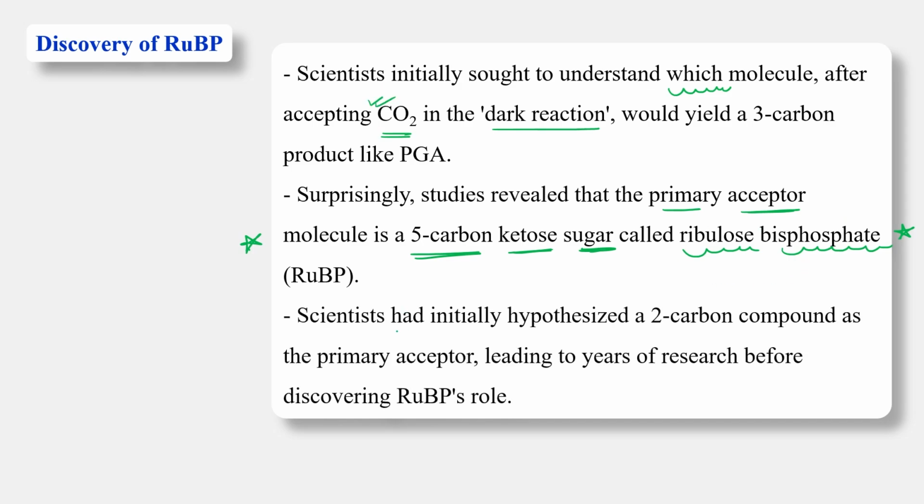Scientists had initially hypothesized a 2-carbon compound as the primary acceptor, leading to years of research before discovering ribulose bisphosphate's role.